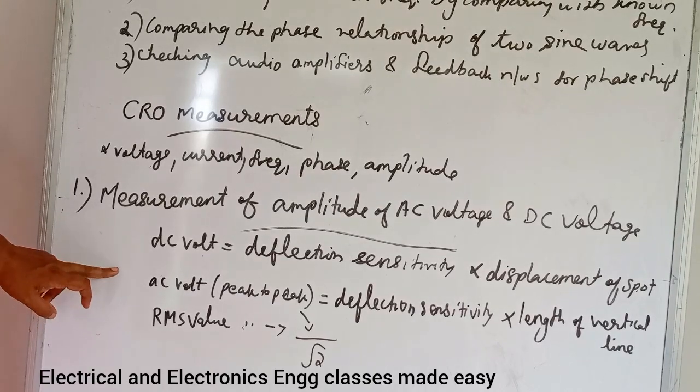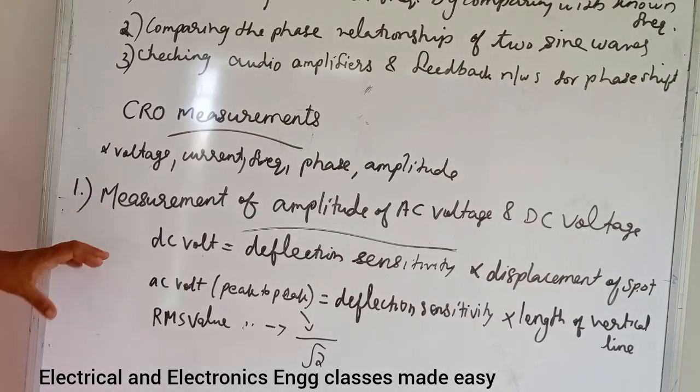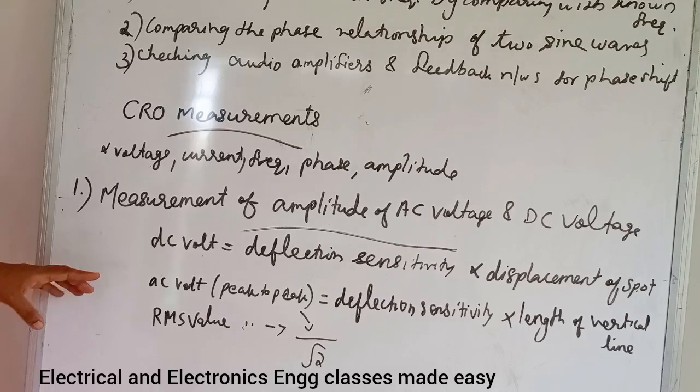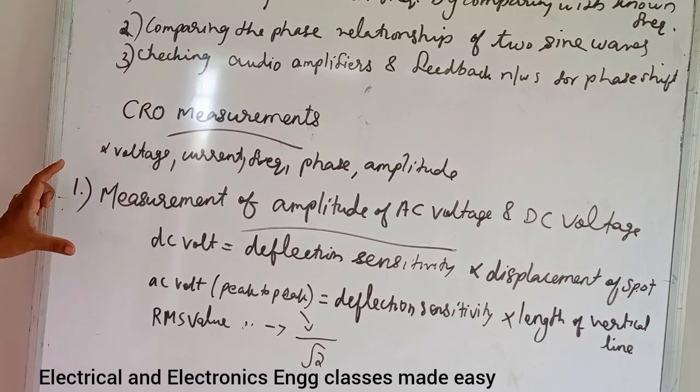And an AC voltage is measured by applying it to the vertical plates and sweep is applied to the horizontal plates using internal sweep circuitry. Here also the distance the spot moves in the y direction is directly proportional to the voltage applied to the y plates.